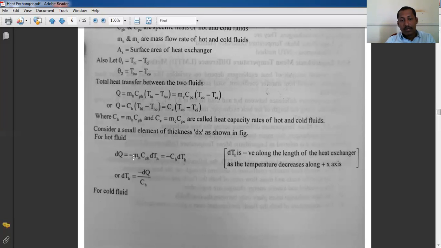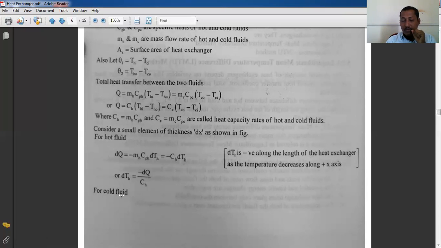That is equal to minus MH CPH into dTH. The negative sign is taken because along the length of the heat exchanger the temperature will be decreasing. So I may write MH CPH as CH, so dq is minus CH into dTH. So dTH is equal to minus dq divided by CH.